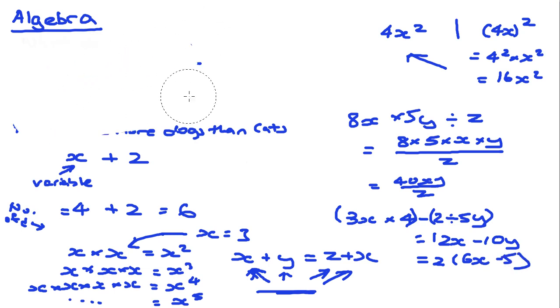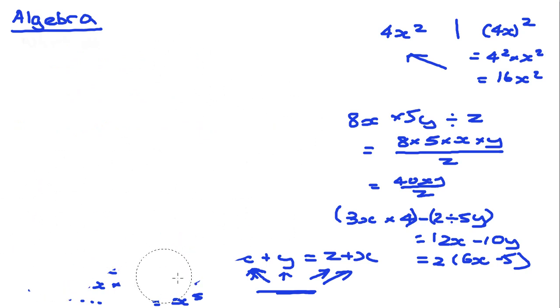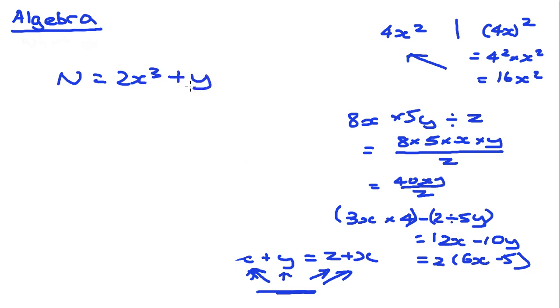With this knowledge of algebra, we can then solve questions. Let me give you an example. We have an equation n equals 2x cubed plus y. The question will ask you, can you find n if x equals 2 and y equals 2?